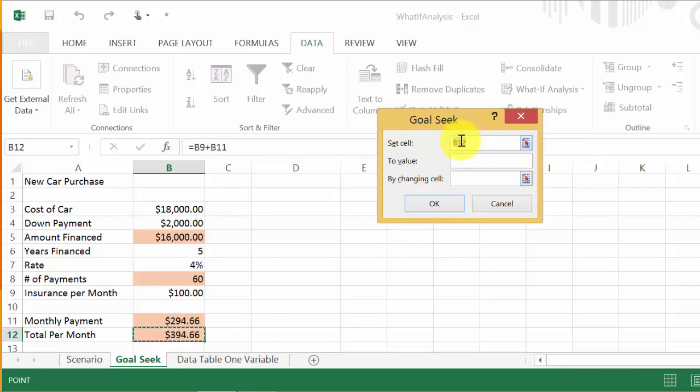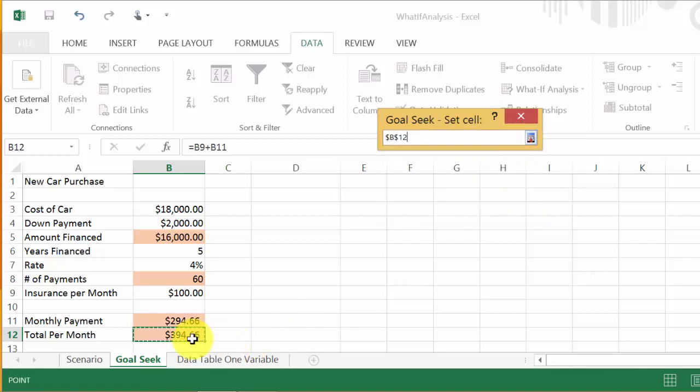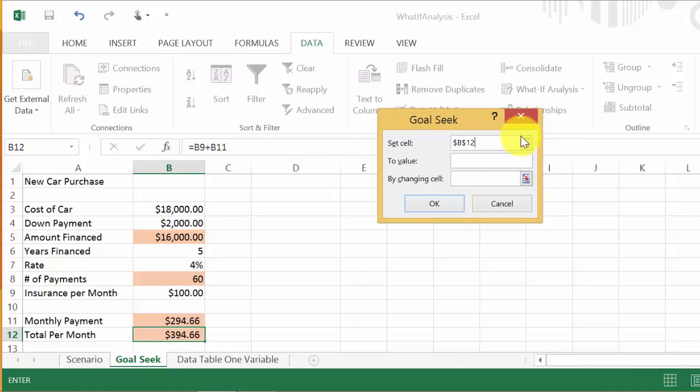So you could click that cell, and there you have it. This is the value I want it to change to: $330. By changing, well, what cell do I want to change?